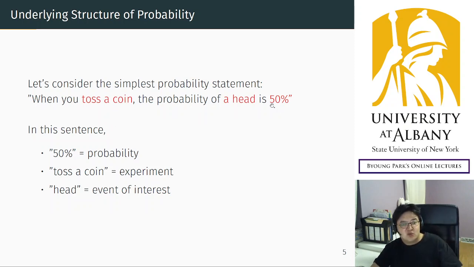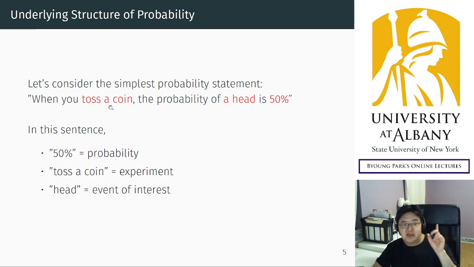First, 50% is the probability. But when you say something is 50%, it is a probability, but whose probability? And probability of what? You have to define that.